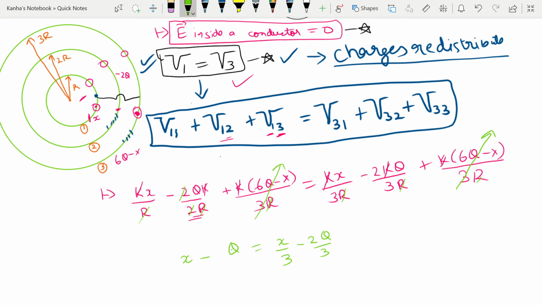That implies 3x minus 3q is equal to x minus 2q, which implies q minus q is equal to minus 2x, or x is equal to q by 2.